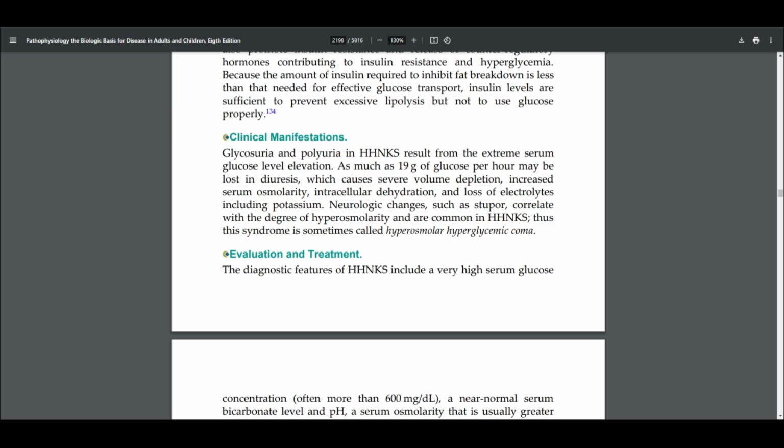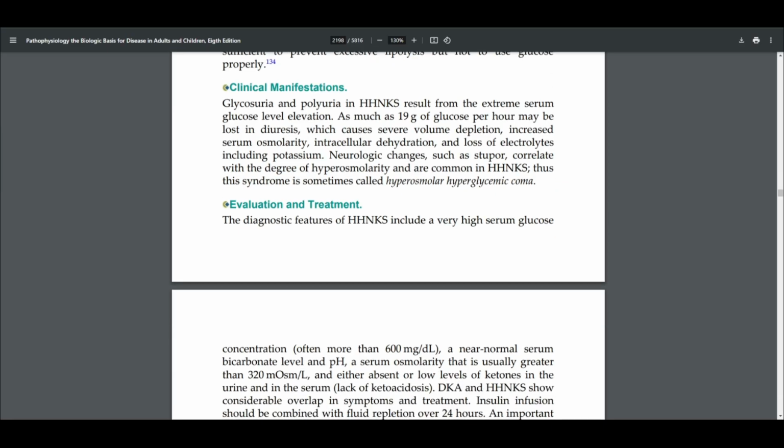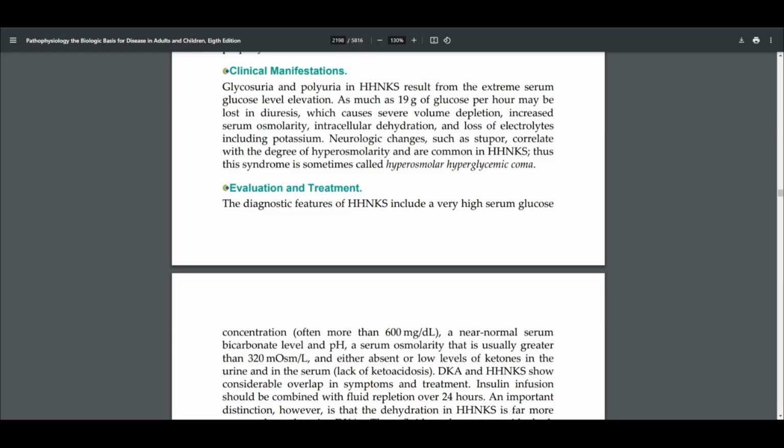So our clinical manifestations, your glycosuria or polyuria in HHNS, result from an extreme serum glucose level elevation. As much as 19 grams of glucose per hour may be lost in diuresis, which causes severe volume depletion, increased serum osmolarity, intracellular dehydration, and loss of electrolytes including potassium.